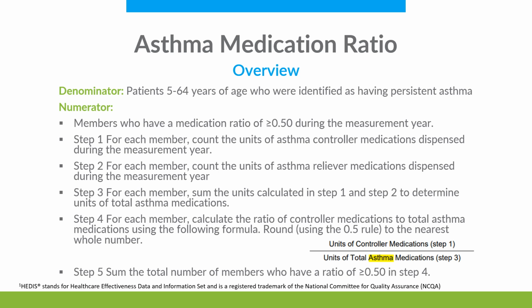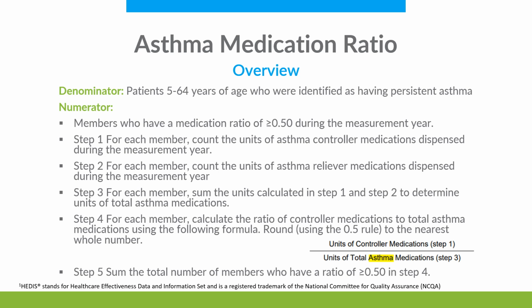Step 2, for each member, count the units of asthma reliever medications dispensed during the measurement year. Step 3, for each member, sum the units calculated in Step 1 and Step 2 to determine units of total asthma medications.